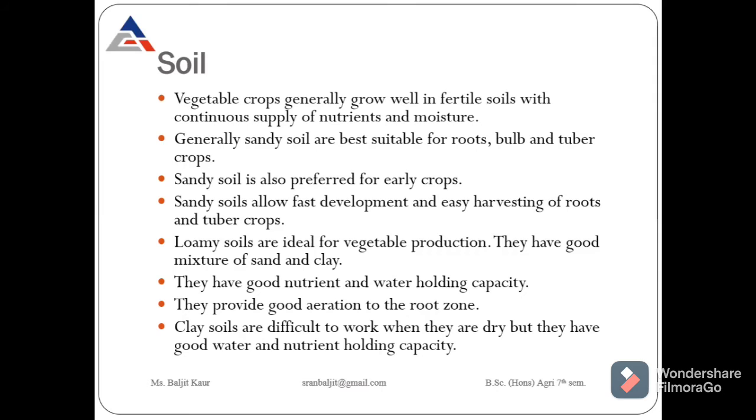So at the time of sowing we should always check the soils, to see which soils are best for the particular vegetable crops, and only then we should sow the vegetables in the soil, right? Plants are taking nutrients from the soil, plants are taking moisture from the soil. So we should check their nutrient status and moisture status at the time of sowing. Only after that can they provide the proper nutrients and plant growth will be good, right?